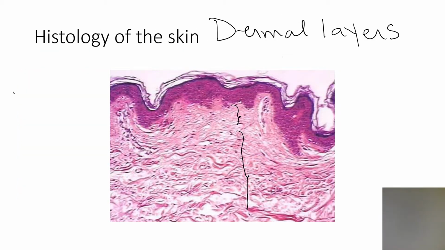Below the epidermis, there is a thick connective tissue layer called the dermis. The dermis has two layers called dermal layers. The dermal layer immediately deep to the epidermis is the papillary layer.